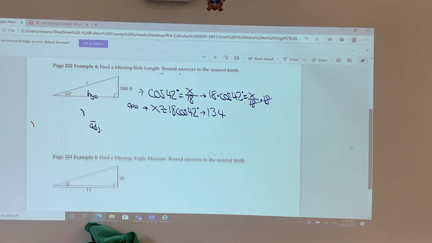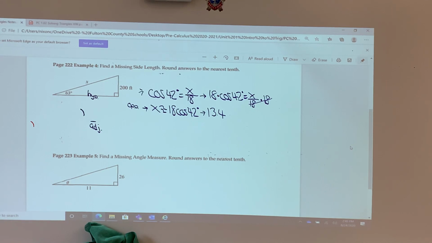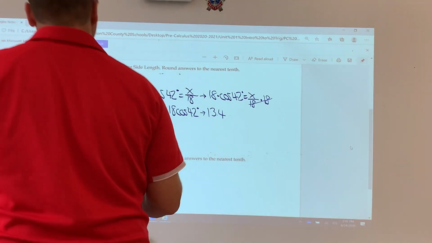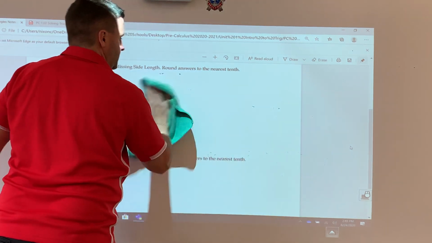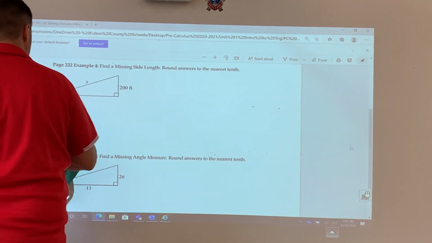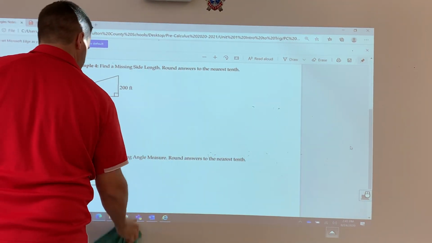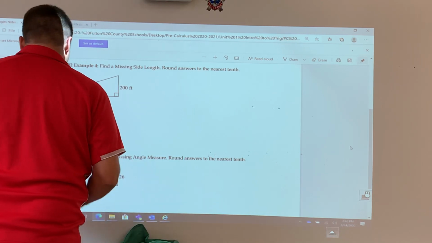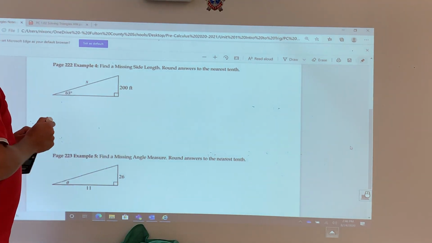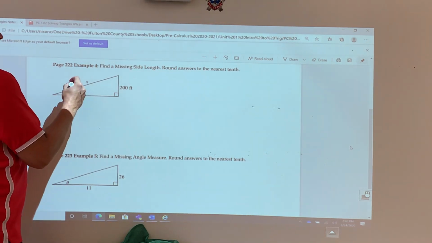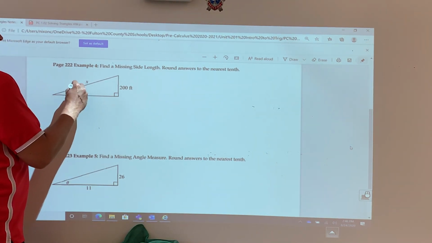Okay. Another one, find the missing side length here. Here we're asked to find the missing side length, this time looking at x, but we still are looking at this angle right here.